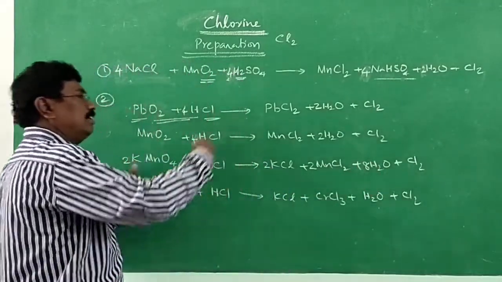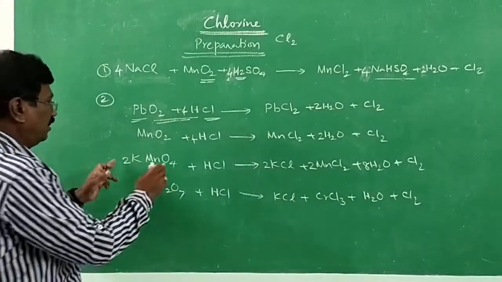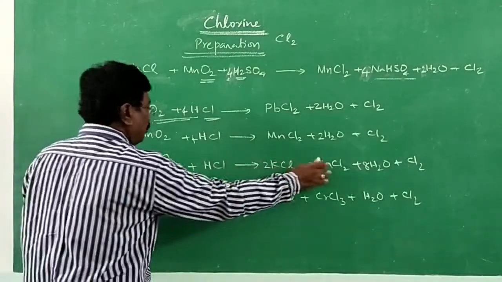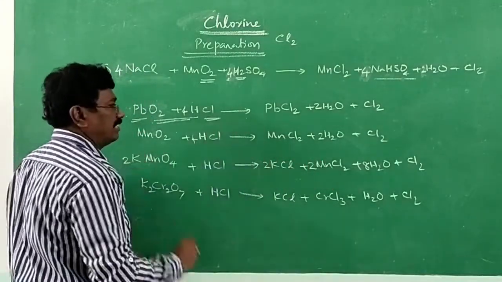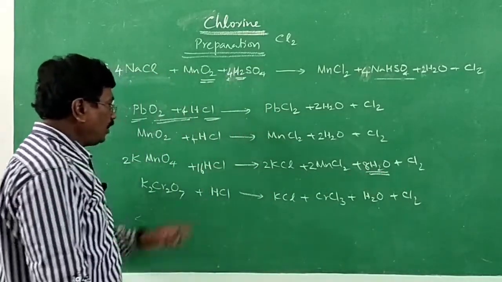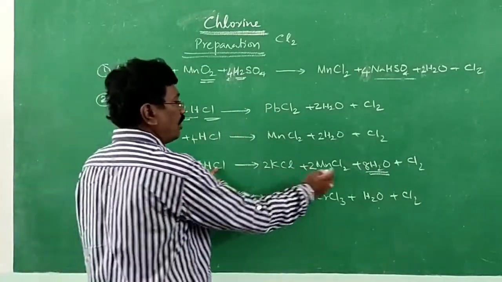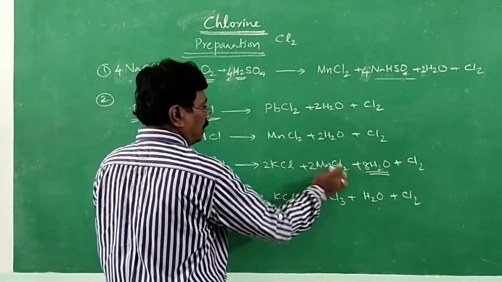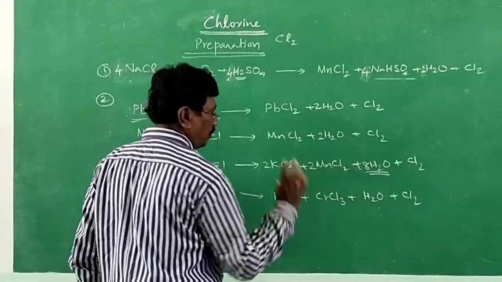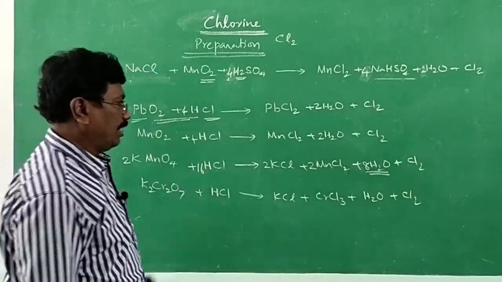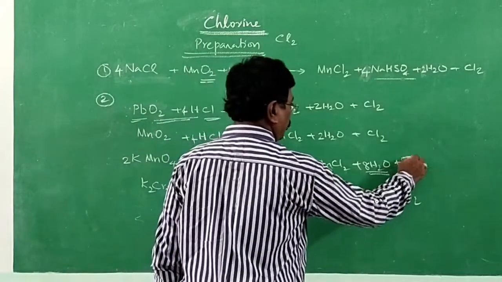Now count the chlorine, rest you have to fill, that's all. 2 KCl, 2 MnCl2, 8 H2O you have done. 16 hydrogen, therefore 16 HCl. Out of 16 chlorine, 2 are here, 4 are here. 2 plus 4, 6. If you subtract 6, 10, I should write. Therefore 5. 5 Cl2 means 10 chlorine.